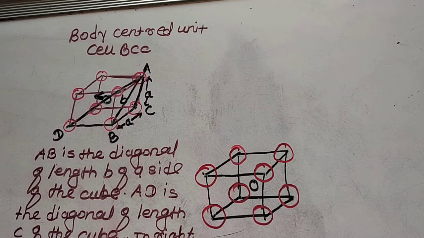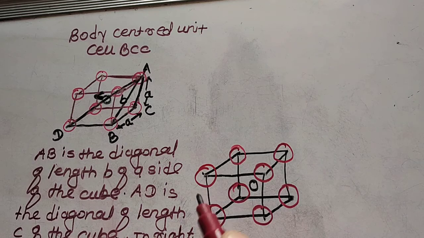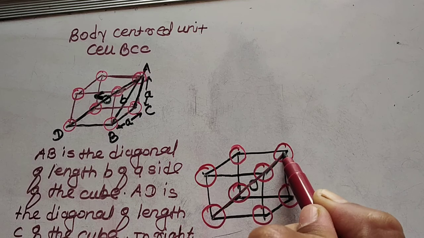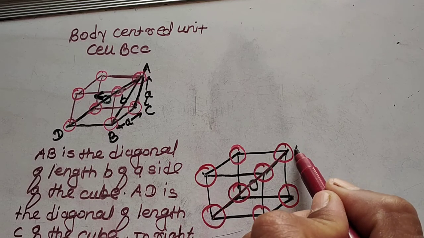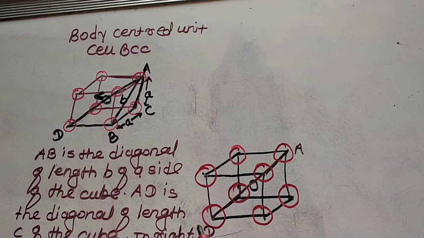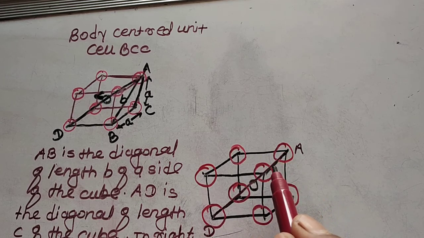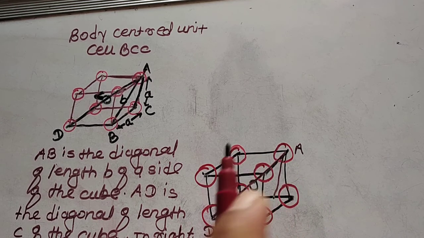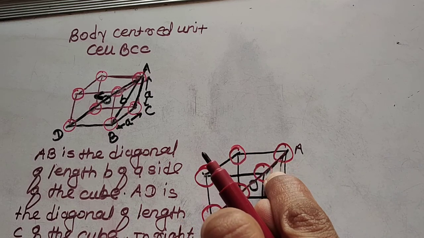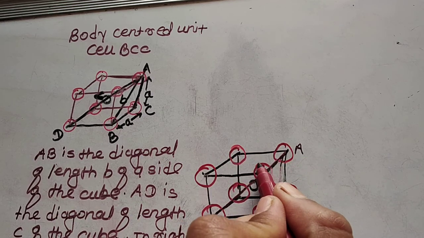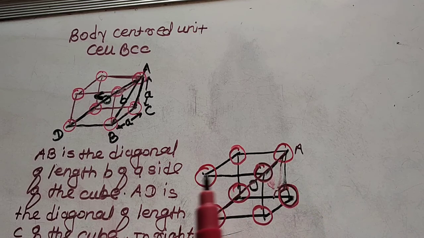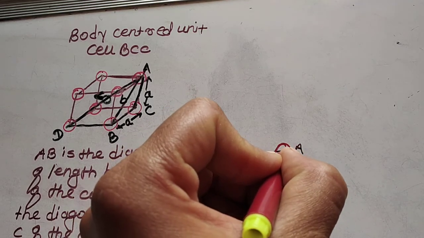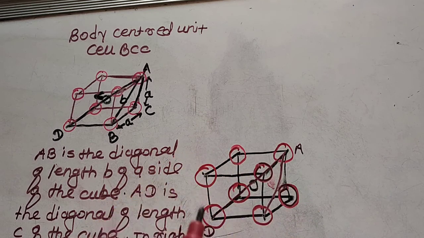Okay, I just draw one diagonal here. This is A, this is D, this is the AD diagonal, and another diagonal is from A to this point.